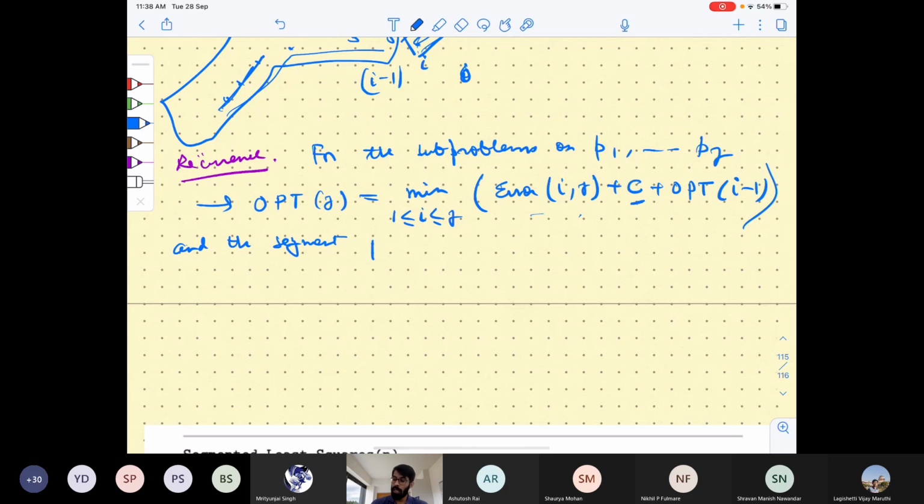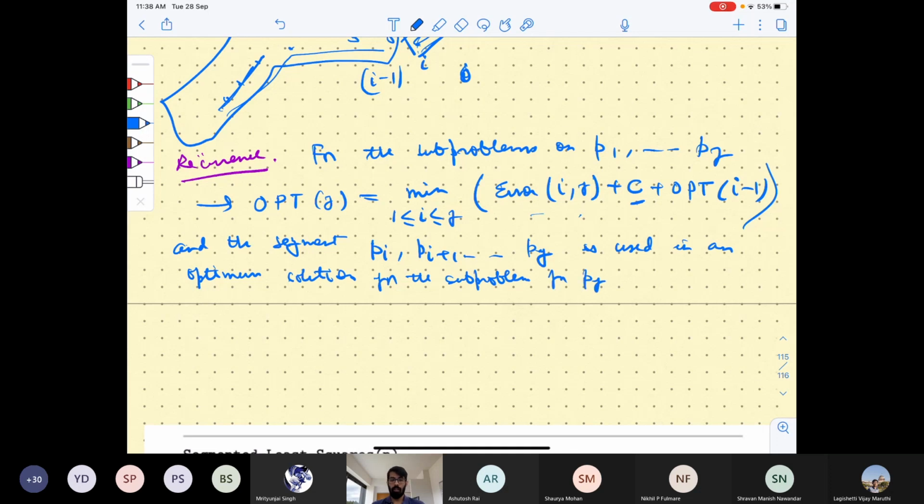So the segment Pi to Pj is used in the optimum solution for the subproblem for Pj if and only if the minimum is obtained using the index i.